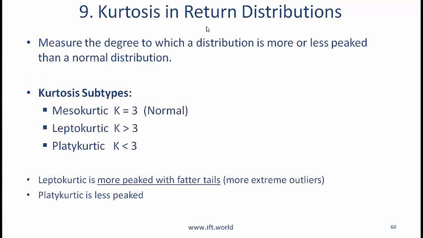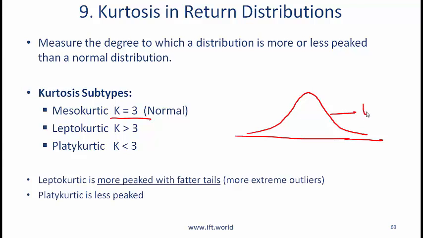Moving now to kurtosis. Kurtosis is the degree to which a distribution is more or less peaked than a normal distribution. Now just take this as a given that a normal distribution has a kurtosis of 3. So this is a normal distribution with kurtosis equal to 3.